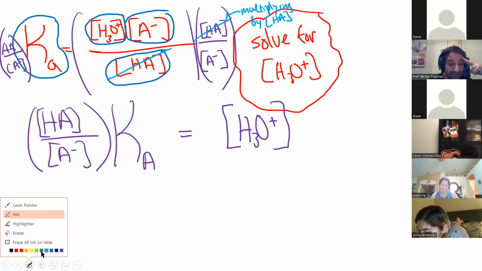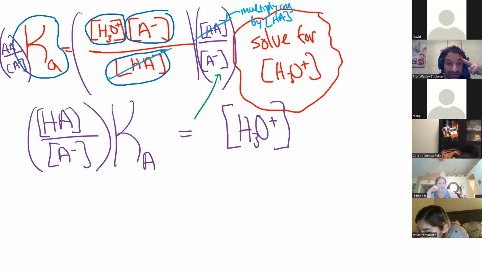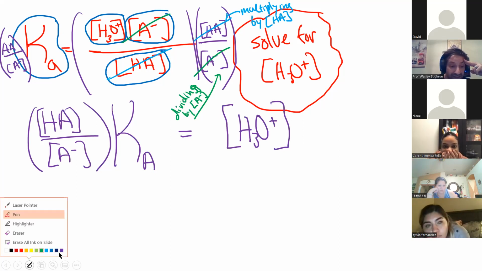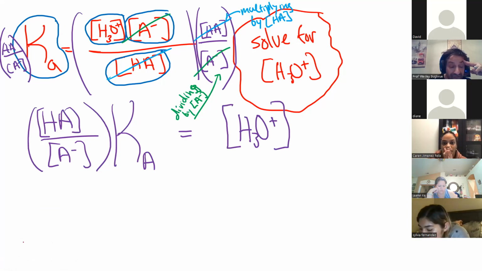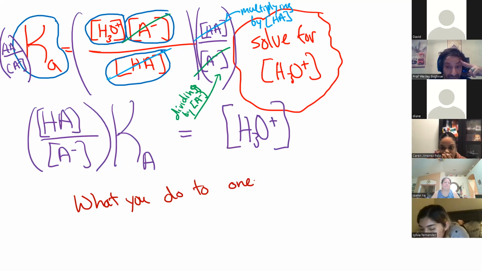And then here I am dividing by concentration of A minus to get it to cancel up above there. And then the algebraic requirement for an equation is what you do to one side, you do to the other.